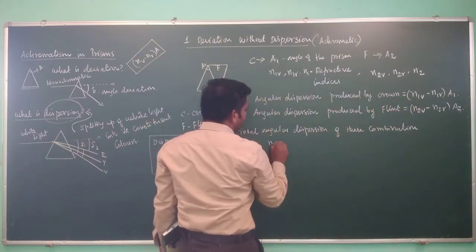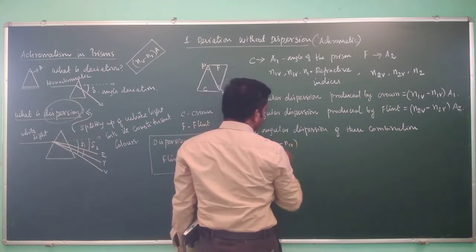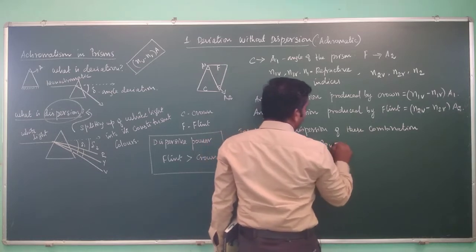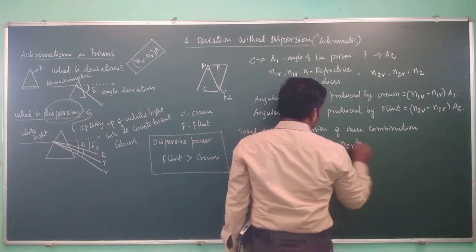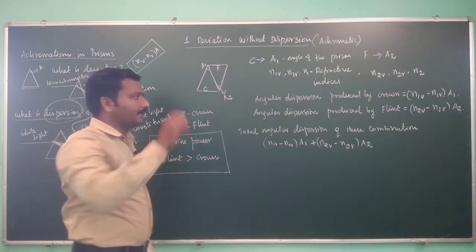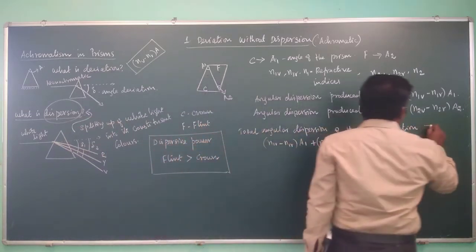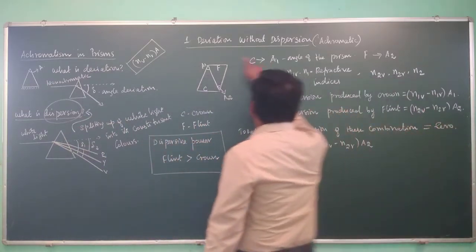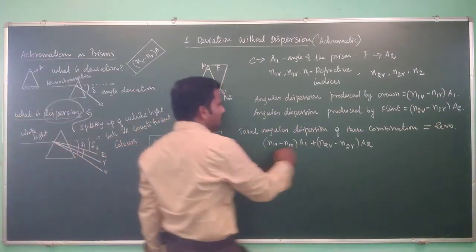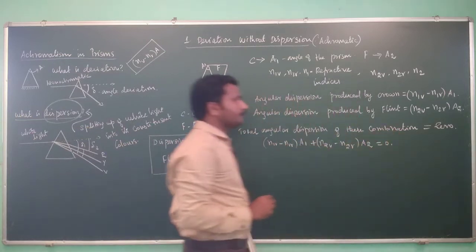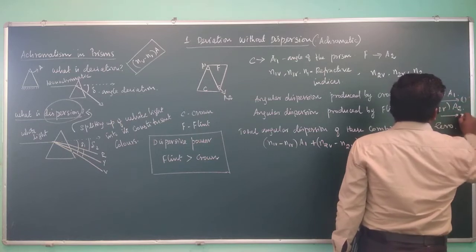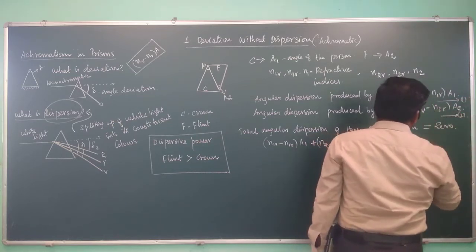So N1V minus N1R multiplied by A1 plus N2V minus N2R multiplied by A2. This is the total angular dispersion of these two combinations, and this should be equal to 0 if you want to achieve deviation without dispersion. Dispersion should be equal to 0. So in that case, this equation must also be equal to 0. Okay. So let's write this equation as equation 1 and this as equation 2, and now this will be equation 3.